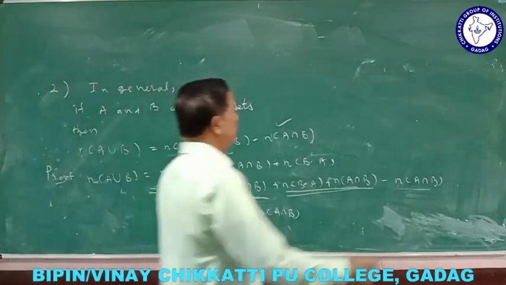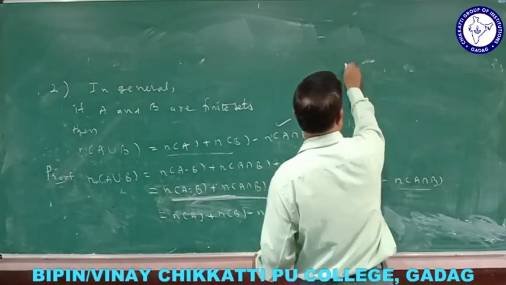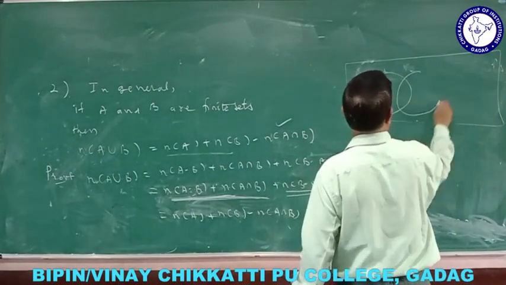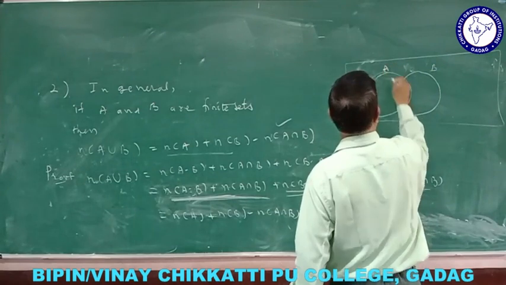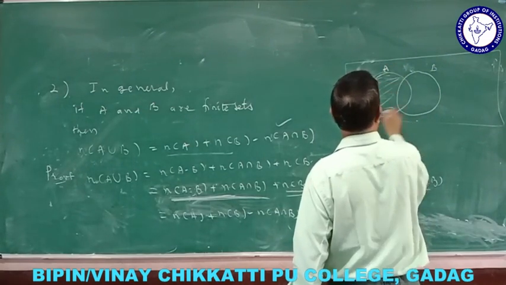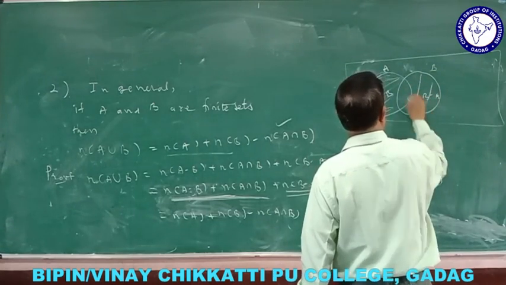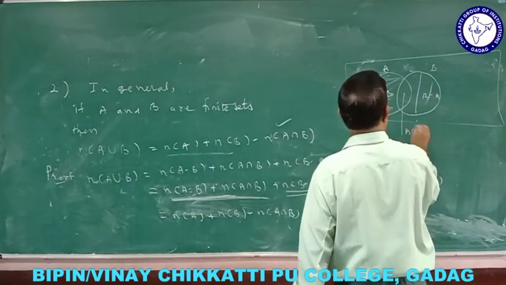You may be confused about how we got this n(A). But I want to clarify once again with the Venn diagram I have already shown you. This is A and this is B, and this part is A minus B, this is B minus A, and this is A intersection B. And A is what?